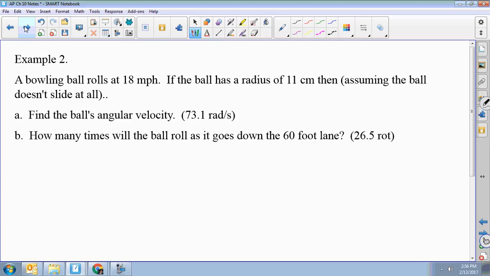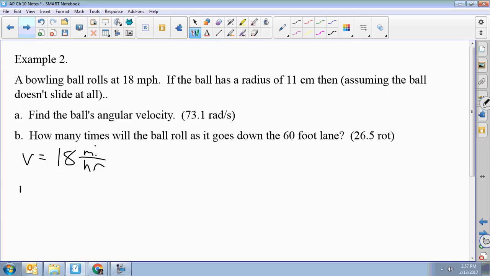By that same logic, that means that the linear velocity is the same as the linear velocity of the point going around the outside, right? Does that make sense, you guys? Okay. So that's useful anytime you've got something rolling. You know that your linear values at which the object is moving correspond to the linear velocities of a point on the outside edge of the object. So for us, when I tell you the bowling ball rolls at 18 miles an hour, that's the velocity, right?